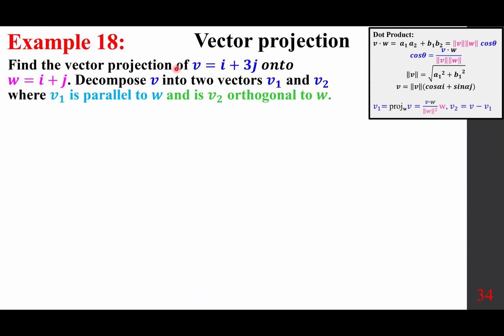We want to find the vector projection of V equals I plus 3J onto W equals I plus J. Decompose V into two vectors, V1 and V2, where V1 is parallel to W, so this times some number, just for the sake of argument, and V2 is orthogonal to W.